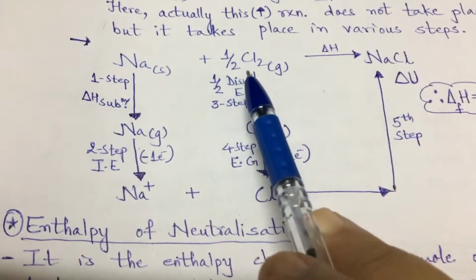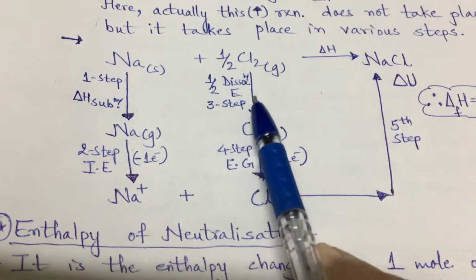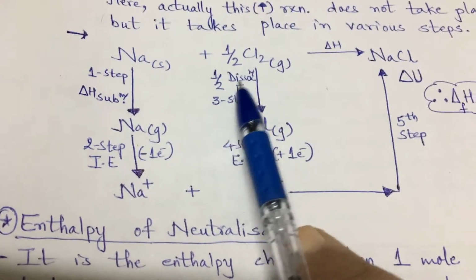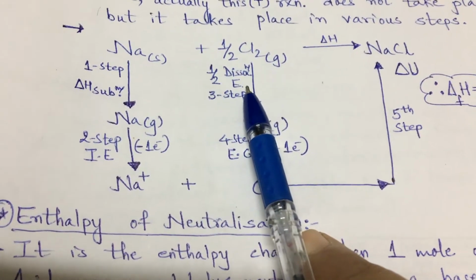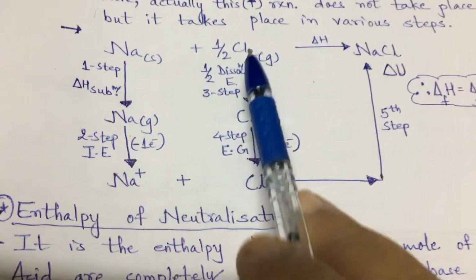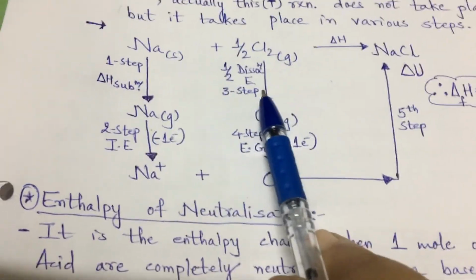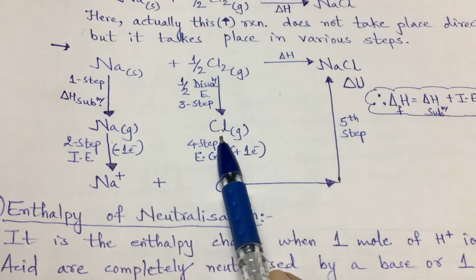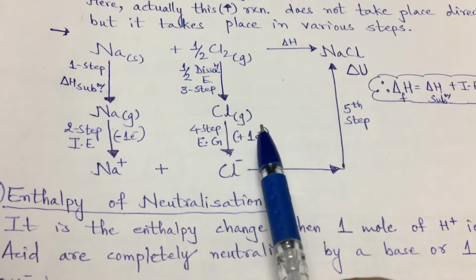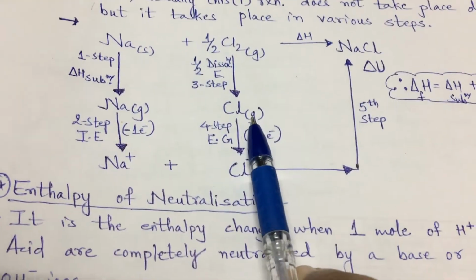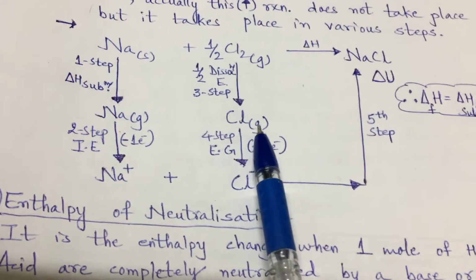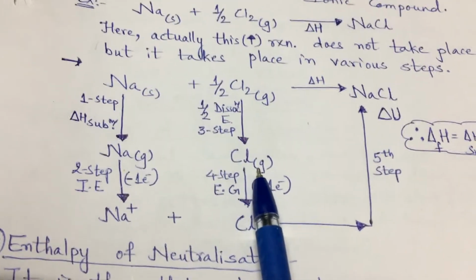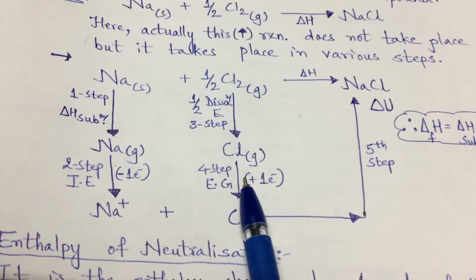Here on the other side, Cl2 undergoes dissociation. Half of the dissociation energy, that means to separate. So half Cl2 in the third step will come to only Cl in a gaseous form. And here now this Cl has to complete its octet, so it will gain the electron.